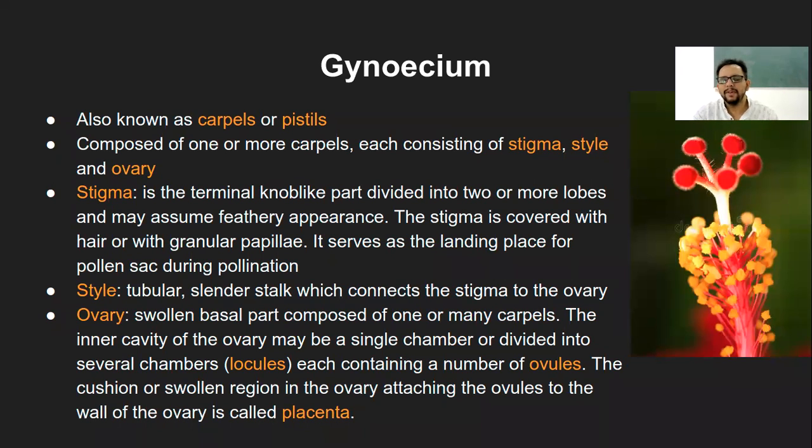Sometimes we call this maturation. In the last class, we had looked at the rupture of the pollen sac due to the excess amount of water absorption inside them. That sometimes happens on the stigma, sometimes it happens on the male stamen itself, depending on what kind of pollination and fertilization it is.